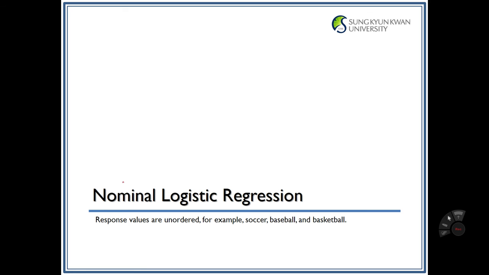I hope you know the meaning of nominal. In nominal, response values are unordered, such as soccer, baseball, and basketball, or A, B, and C. What else? Nationality: Korean, Japanese, Chinese, something like that.